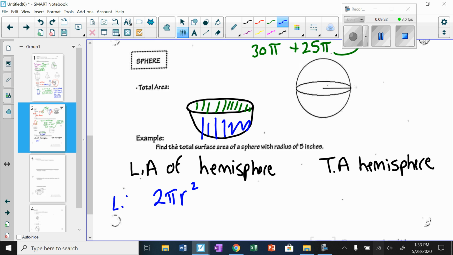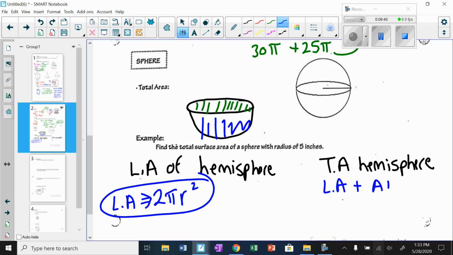So the lateral area is going to be 2 pi r squared. Now the total area is going to be the lateral area plus the area of a base. So the lateral area is 2 pi r squared plus the area of the base, which is just 1 more pi r squared. So the total area is 3 pi r squared. That will come in handy.